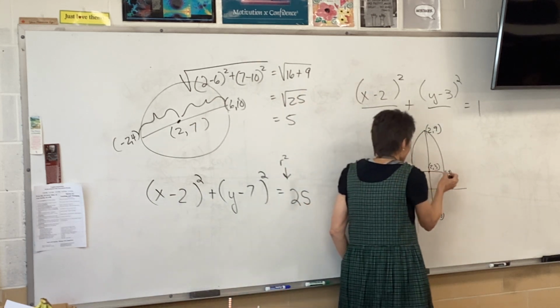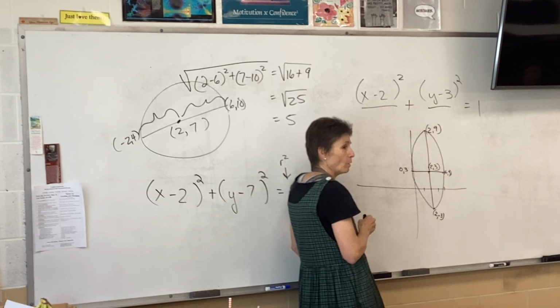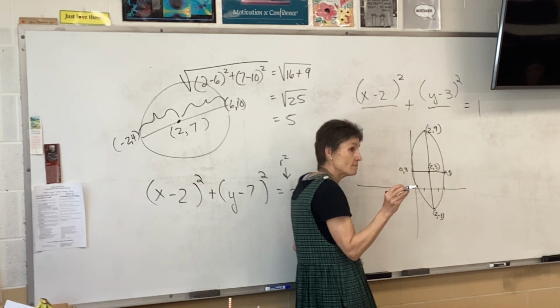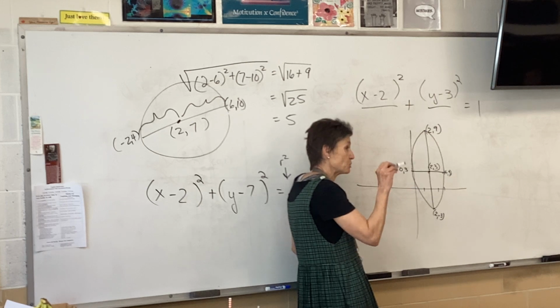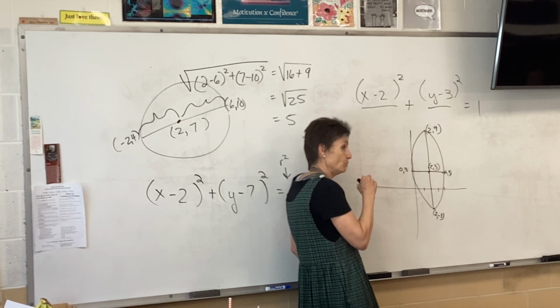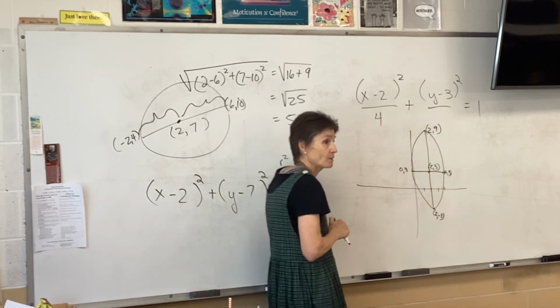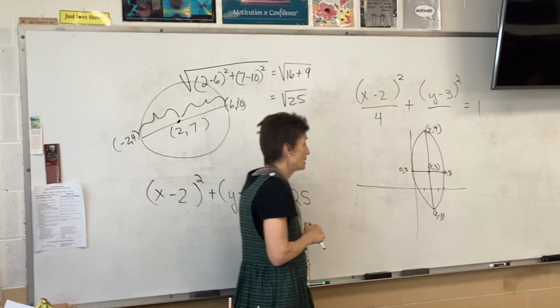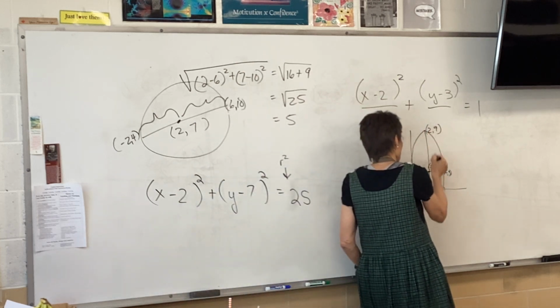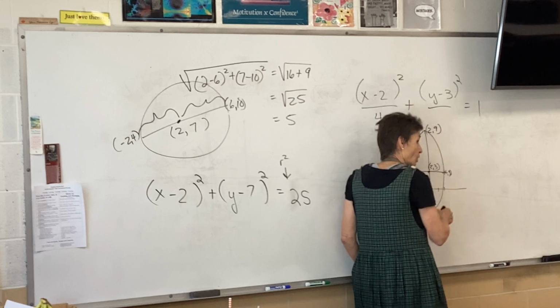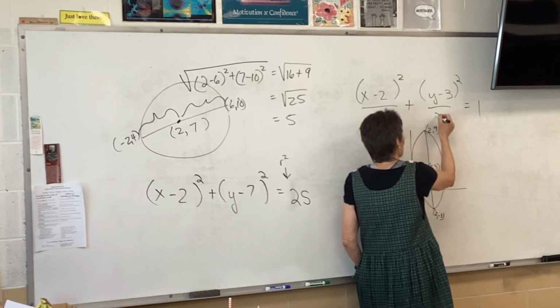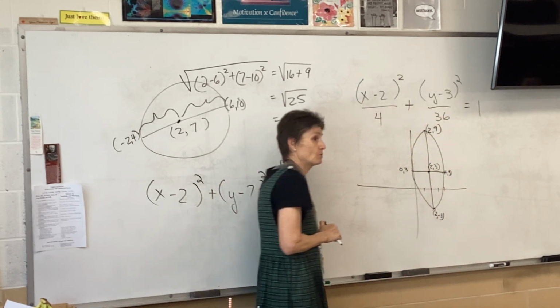How far sideways did we go? 4? Well, total is 4, which means each way is 2, which means this number is a 4. How far up and down did I go? 6, 12 total, but up 6 and down 6, which means that is a 36.